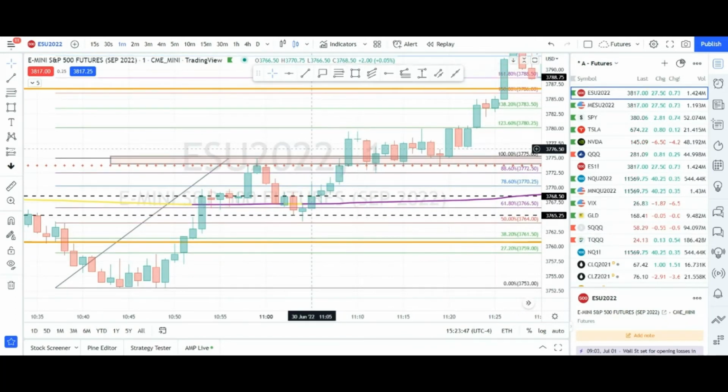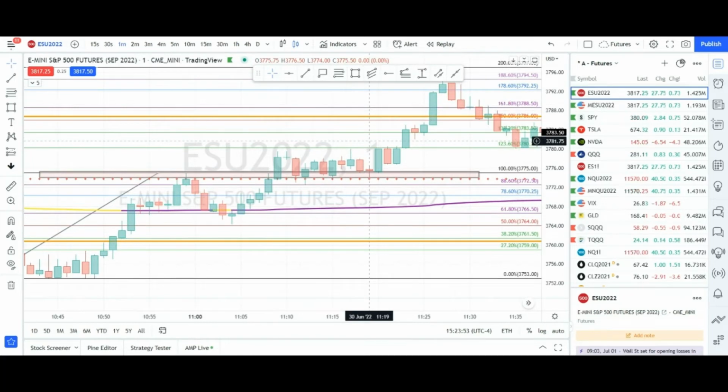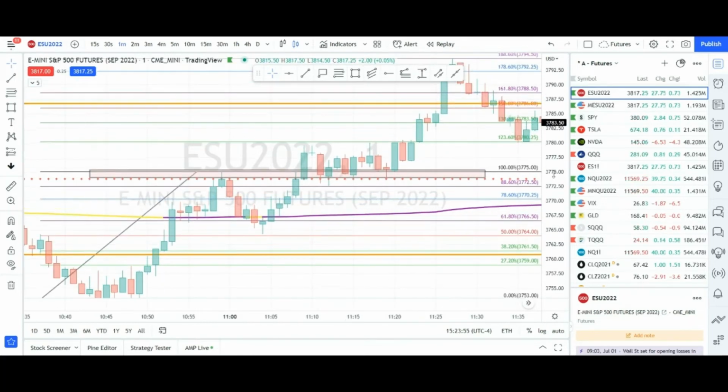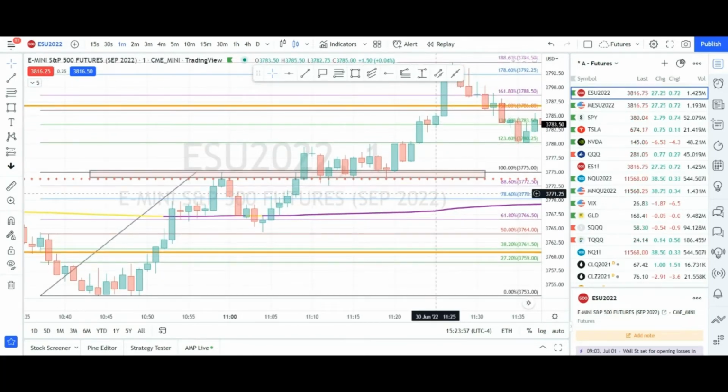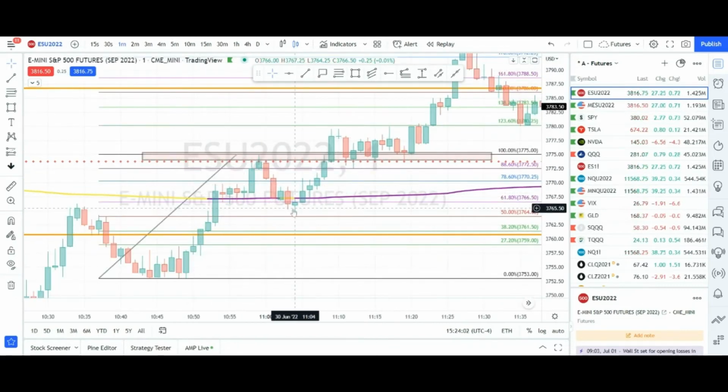Okay, now you want to see that my ultimate target is 161.8. Can it go to that level? Yes. Why? Because if you see here, why is it going there?